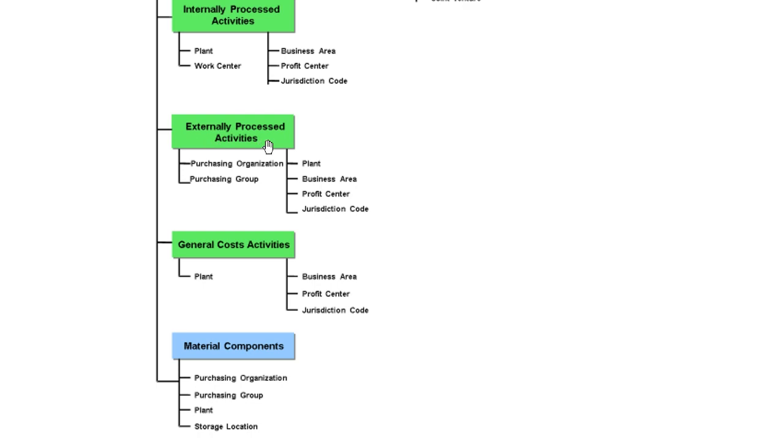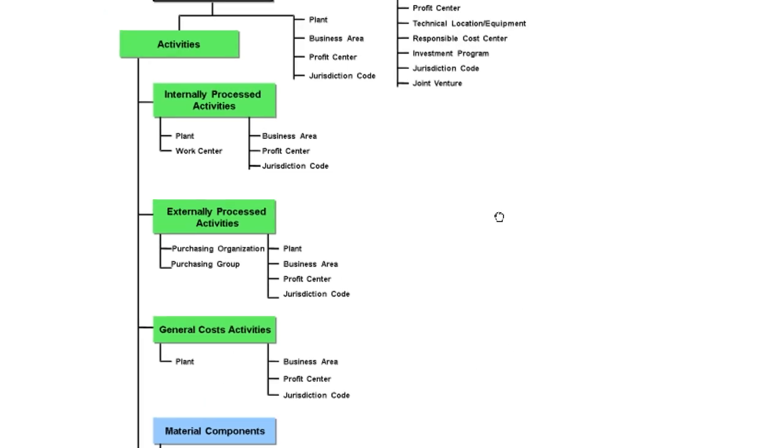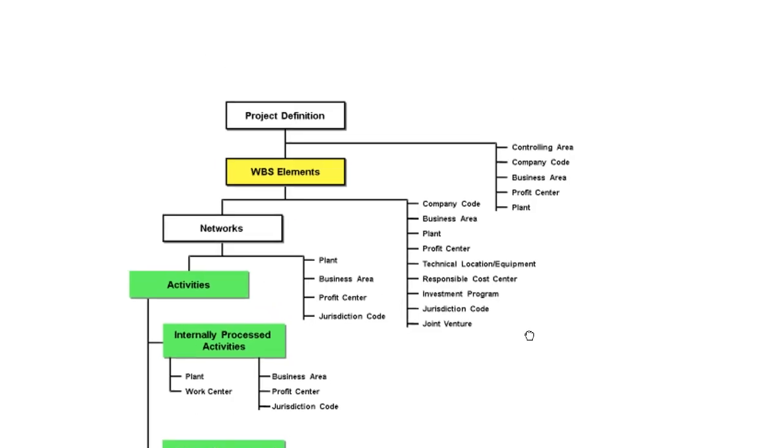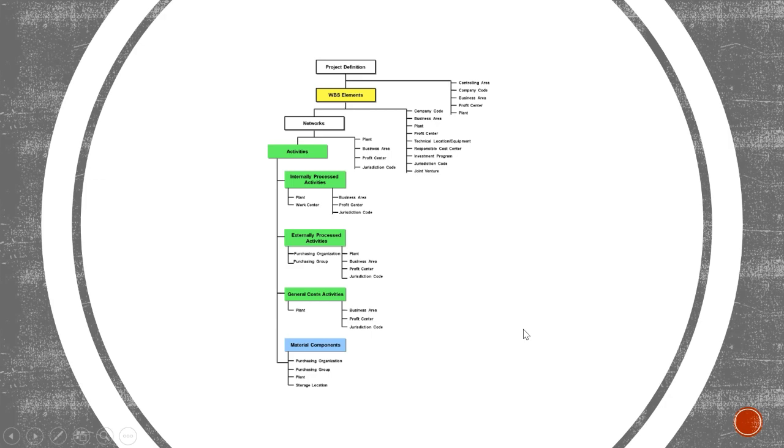If we select the externally processed activity type, then these organization structure fields are allocated to provide the input. Similarly for the other two activity types also. This is how the organization structure and project structure is defined. In the coming videos you'll have a complete idea, but for now it's a very high-level overview which I am providing.